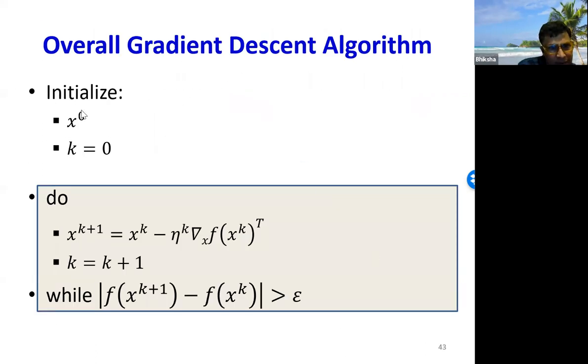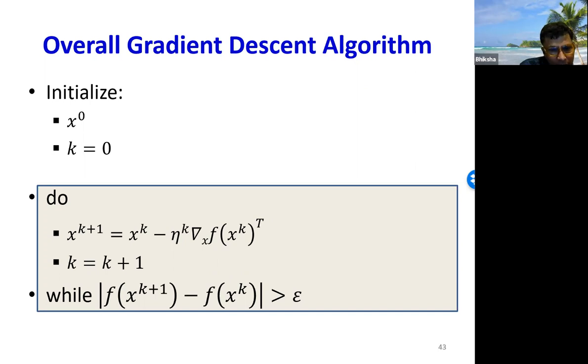You initialize your variable. Then you iteratively compute the gradient of the function at the current estimate, and update the estimate in the direction opposite to the gradient. You step against the gradient, and you keep doing this until the function doesn't change anymore.